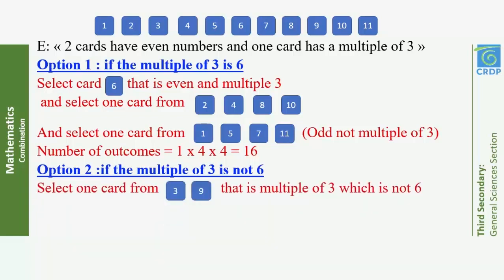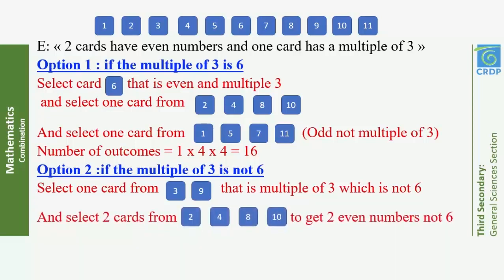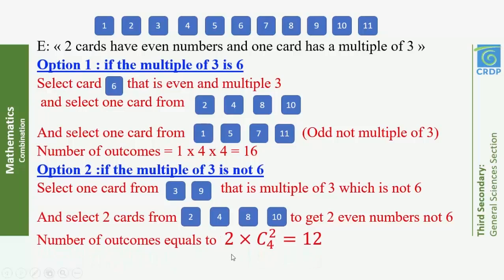So I will select a card between 3 and 9, which is a multiple of 3 other than 6, and I will select 2 cards from the even cards that are not 6. To verify all conditions, I will have 2. This 2 comes from the choice between 3 and 9. You can also write C of 1 taken from 2 multiplied by a combination of 2 even cards taken from 4 cards. It will give you a total of 12.